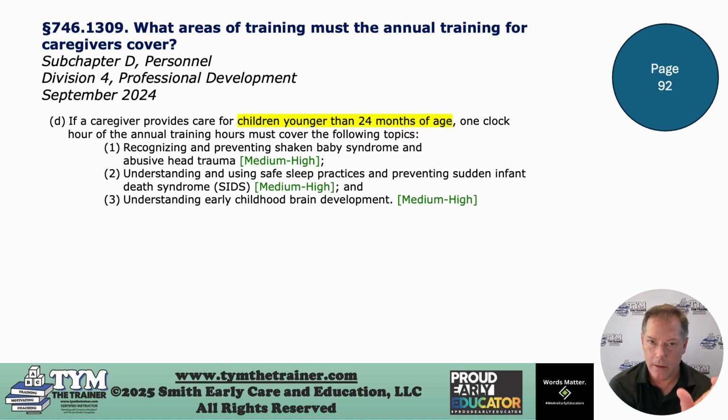And another little catch that you want to pay attention to right here is if you are a caregiver providing care for children younger than 24 months of age. So you can't just say SIDS and shaken baby syndrome is only for the infant teachers, all right? Because children younger than 24 months includes toddlers and infants.